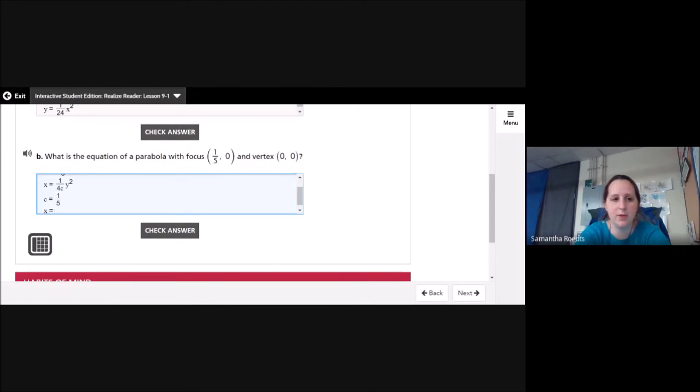So x equals 1 over 4 times 1/5 y squared. This gives me 1 over 4/5 y squared, which equals x equals 5/4 y squared.